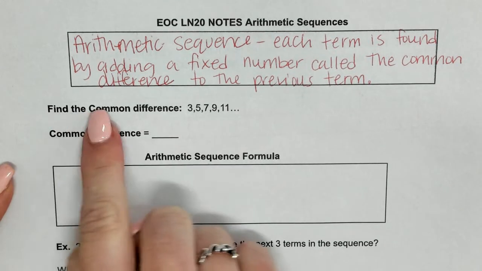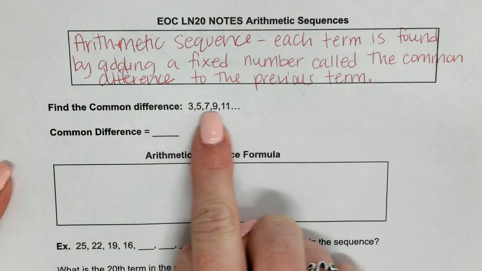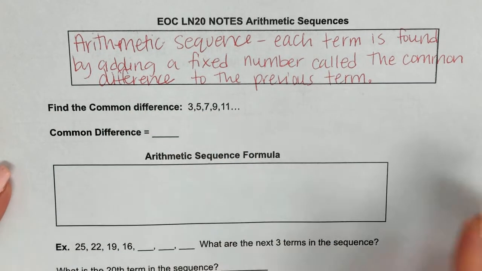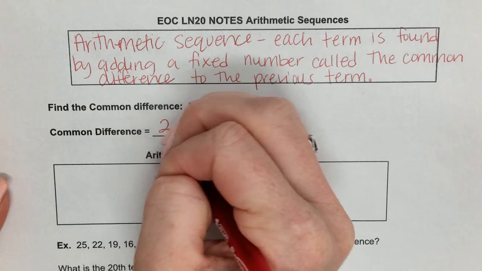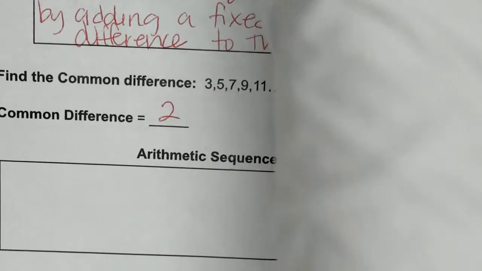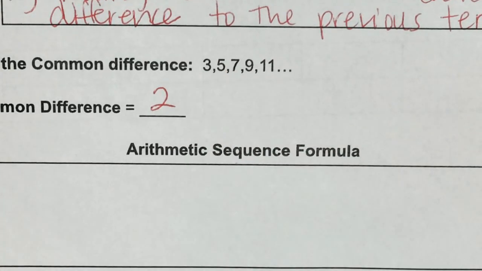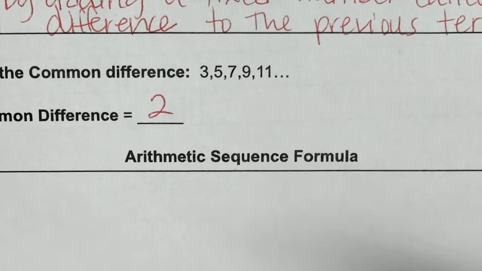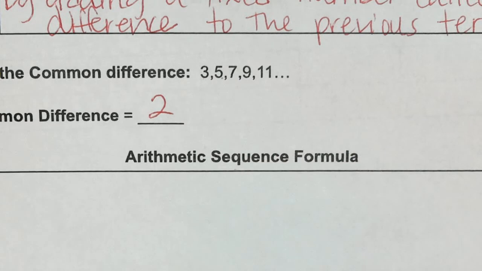So right here, it says find the common difference. What are they adding each time? So the common difference would be 2. How do you find the common difference? You take the term to the right and subtract it from the term to the left.